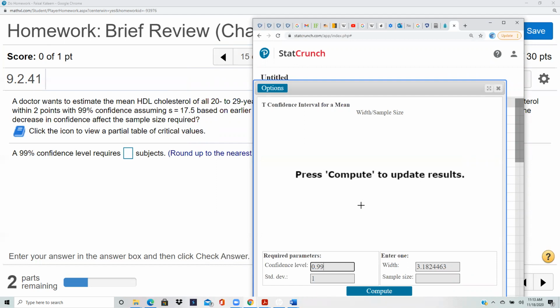Would it be standard deviation? Yeah. 17.5.